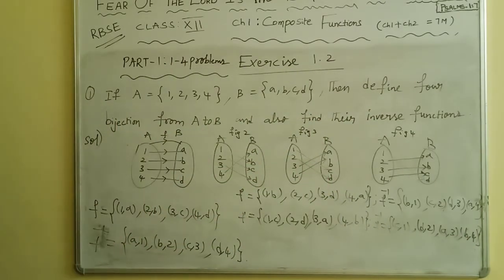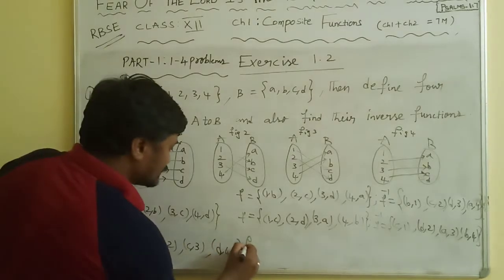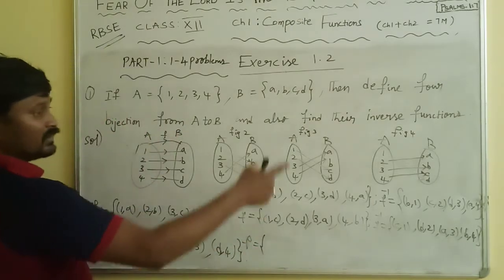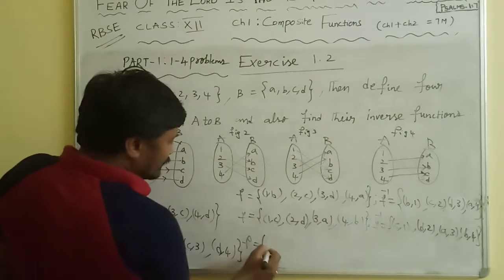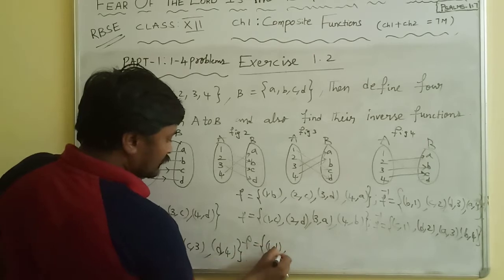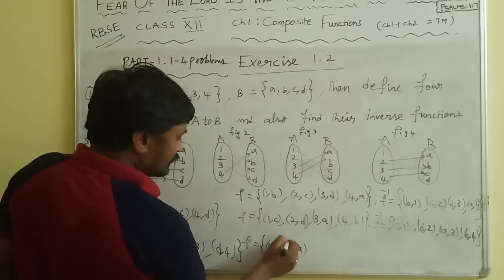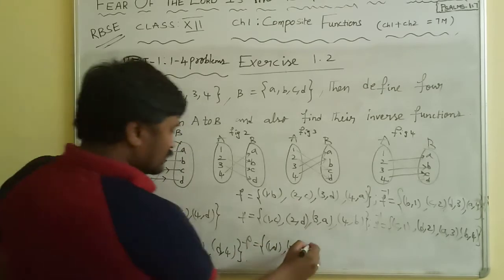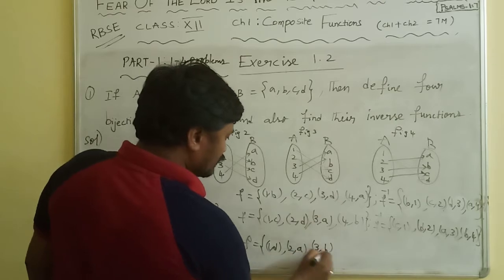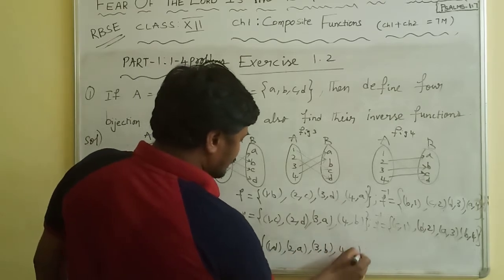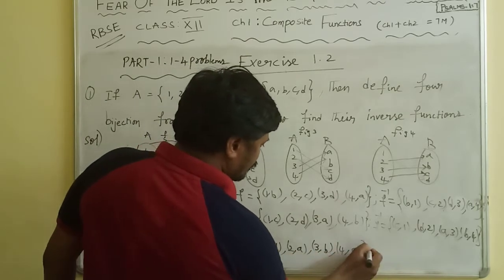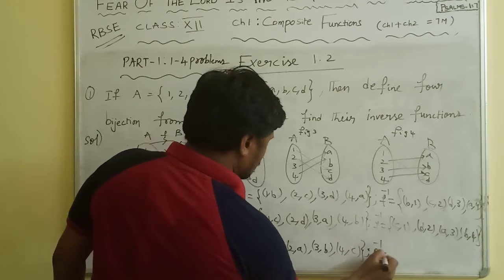Now we'll go for figure number 4. What is F here? F is (1, D), (2, A), (3, B), (4, C). And what about F inverse?